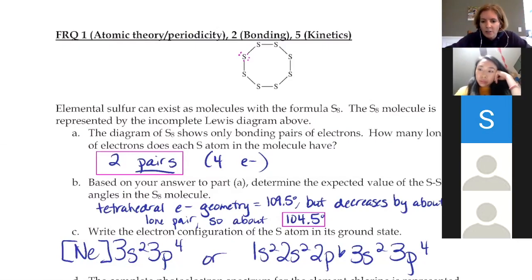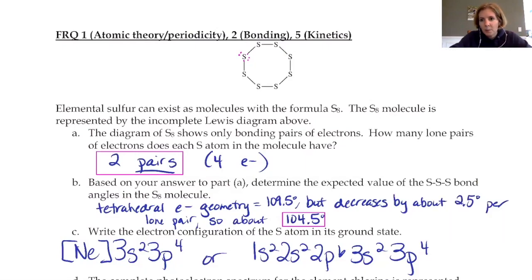That's where that 109.5 comes from. However, when you've got those lone pairs, the lone pairs take up a little bit more space than the bonds do. And so it generally goes down about 2.5 degrees-ish per lone pair. So because we've got 2 lone pairs there, it's going to knock down your bond angle by roughly 5 degrees to about 104.5.